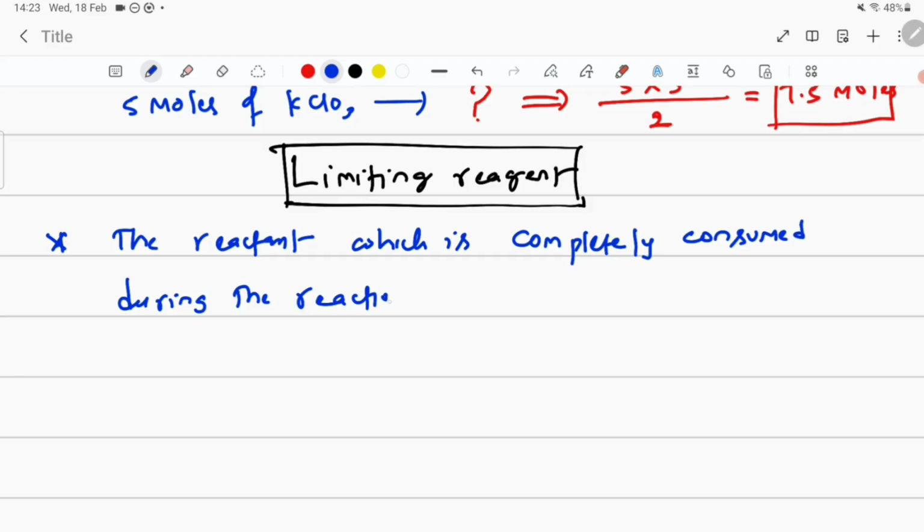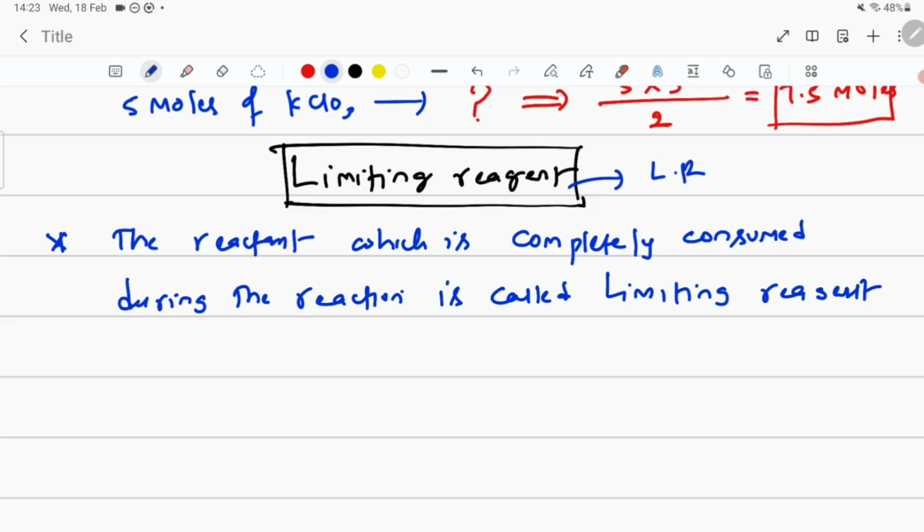Means the reactant that is completely utilized, or which becomes zero after the reaction, is called limiting reagent. In short, we can refer to it as LR.